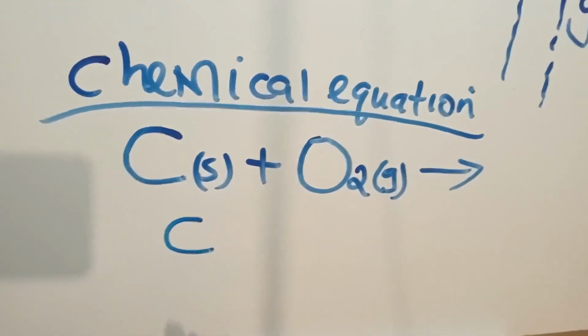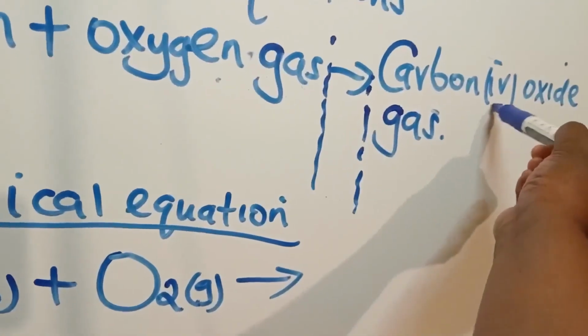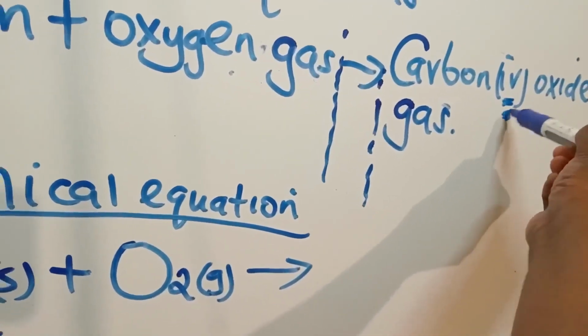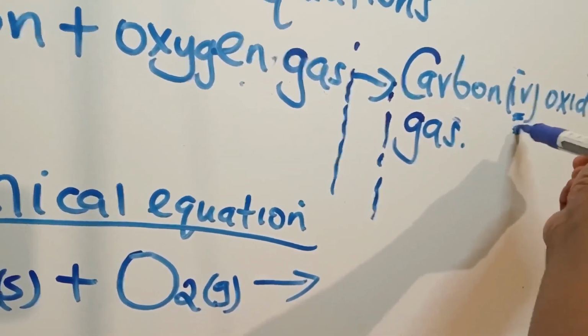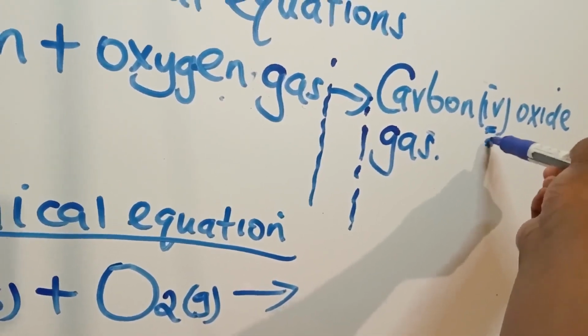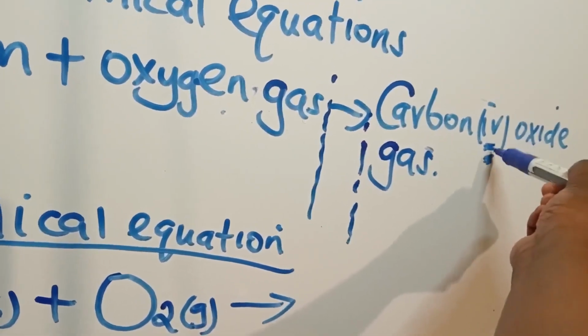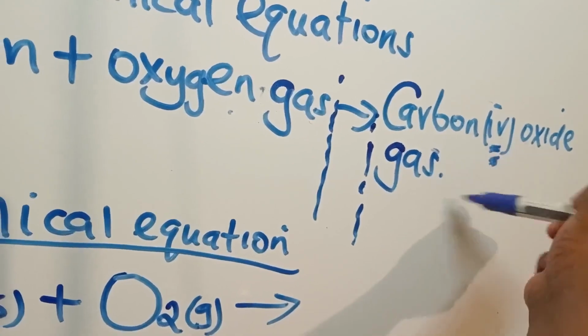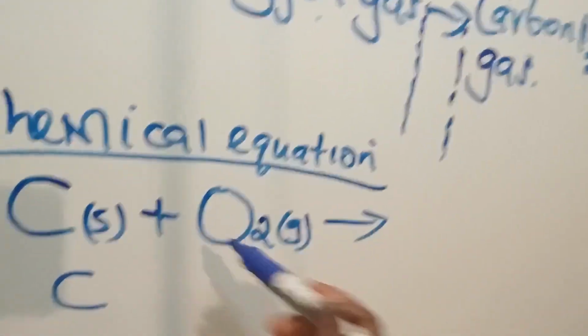So carbon, from the name, we are already given a clue of what the valency for carbon is. By the way, this number that is usually written in brackets here, this 4, it can stand in for both the valency and also the oxidation number for carbon in that CO2 gas. So we take the valency to be 4.